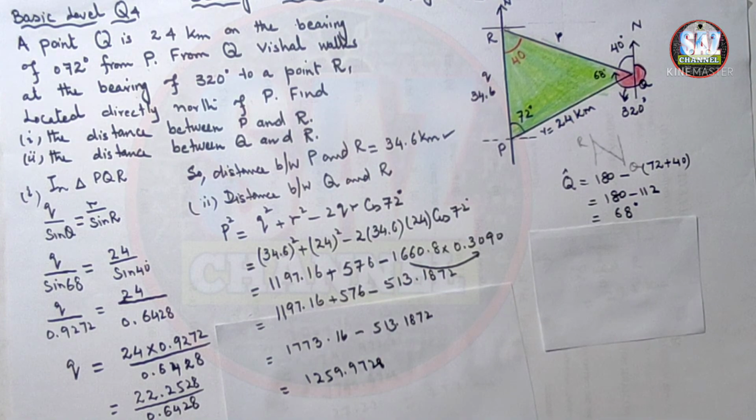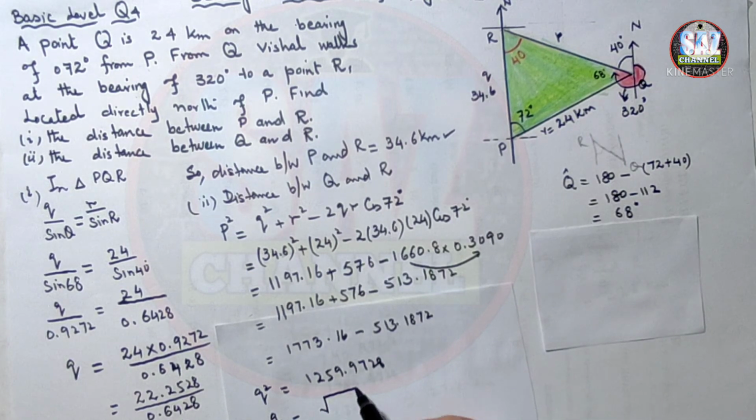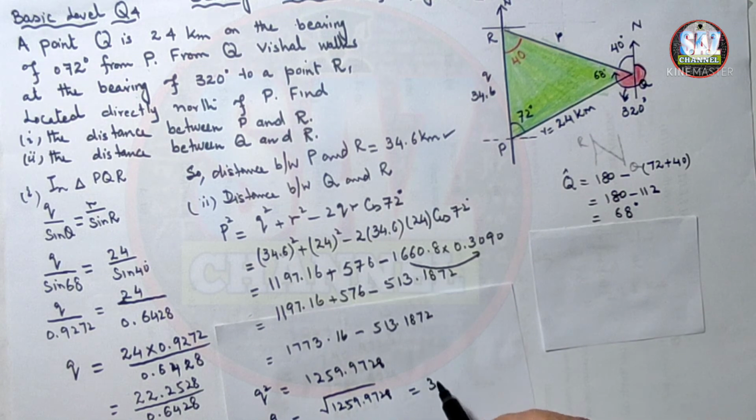Then I have to press the square root key, p square, and p will be equal to the square root of this answer, 1259.9728, which is equal to 35.49, which is 35.5 kilometers.